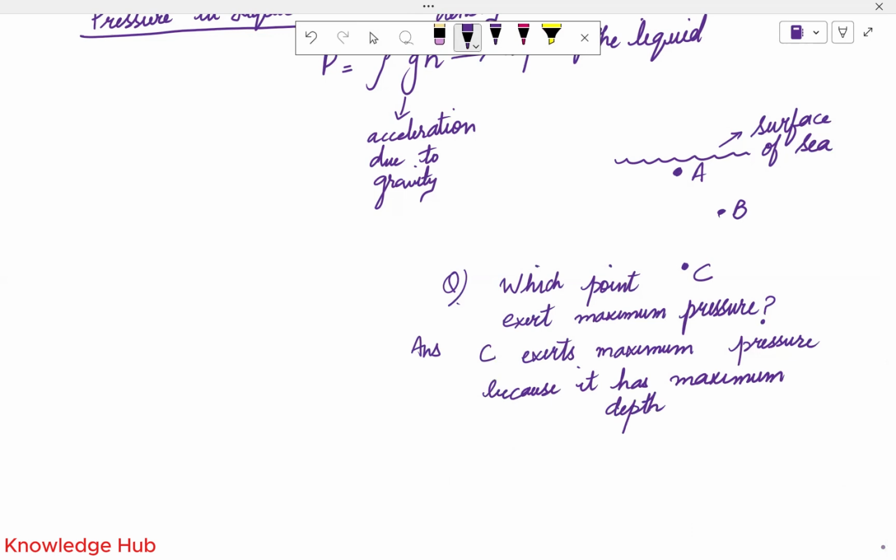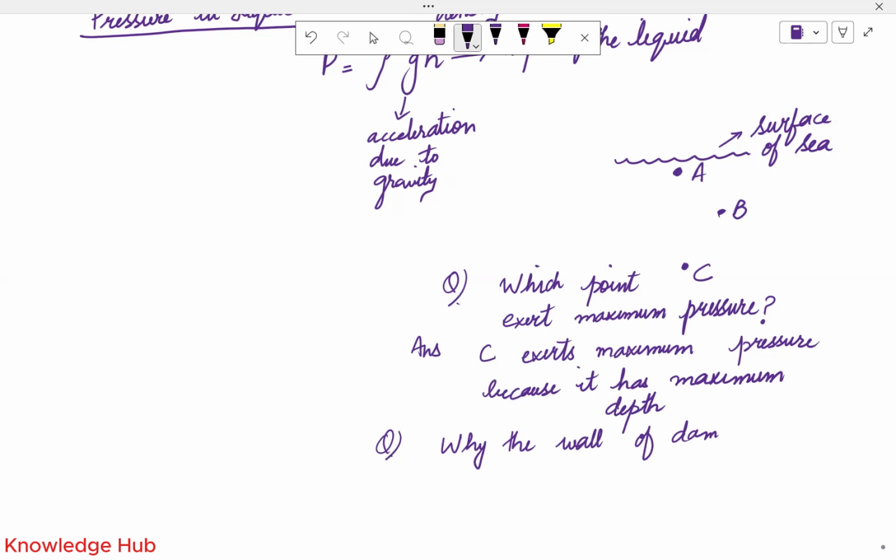And we know there's a question: why is the wall of a dam thick from the bottom? We know a dam is used to store water.